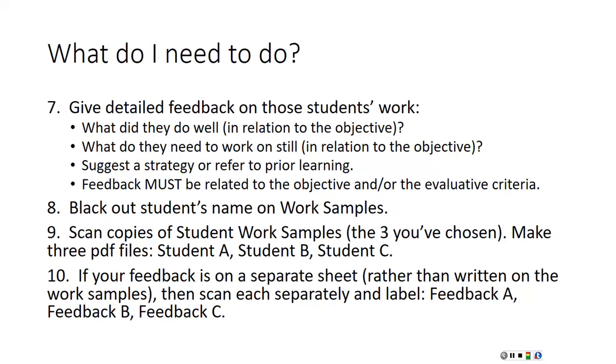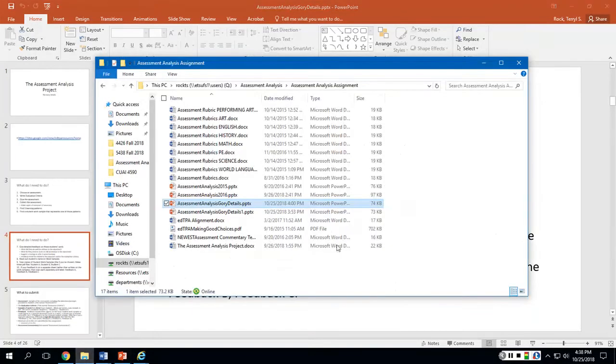Then you would write the things that they did very well as related to the objectives, things that you still need to work on, and suggested strategies for improvement. So you could handwrite that on the back of people's papers.